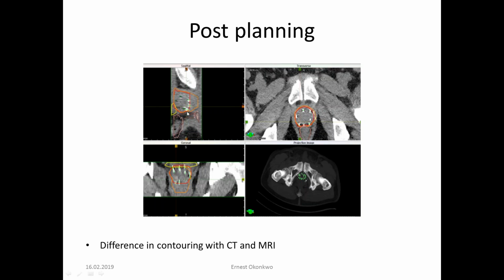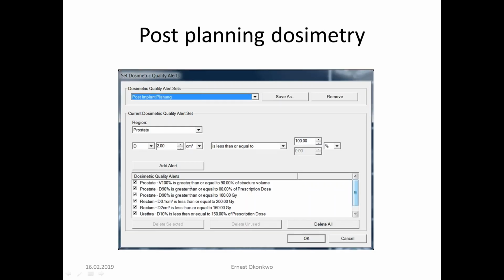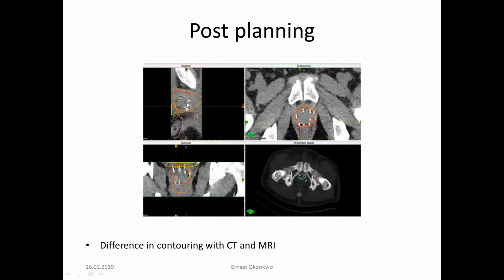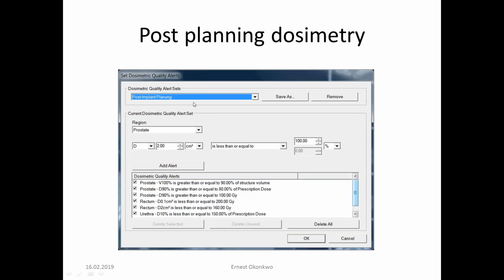If you are using that of CT, then you realize that suddenly my dosimetry was very bad, and then you start thinking of options, whether to do external beam therapy. So it's very important that you know what you're doing, and if you don't have MRI, then the doctor has to know how to go about contouring.